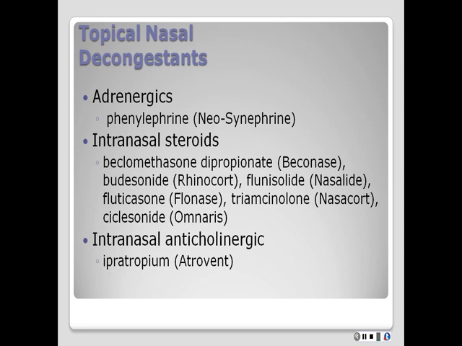Some of the common steroids that you'll see are Nasacort, which is probably the one I see the most often, and Flonase. There's Rhinocort, Nasalide, Beconase, Omnaris also is another one. And then intranasal anticholinergic, the only one that's on the market right now is Atrovent.